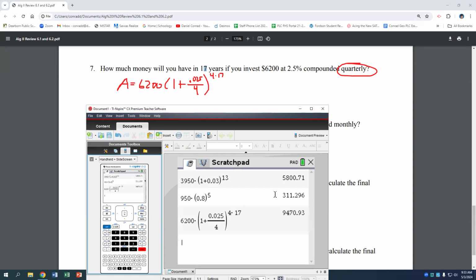Enter. $9,470 and 93 cents. And there's number 7.